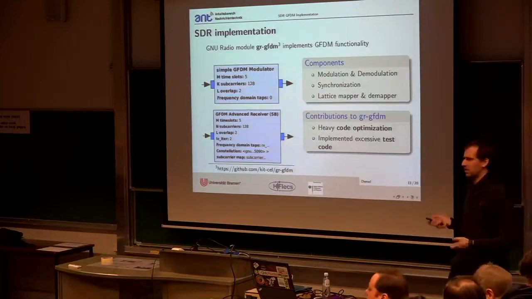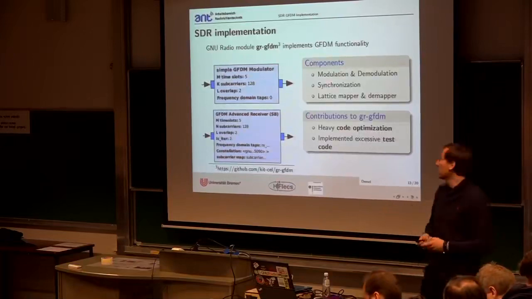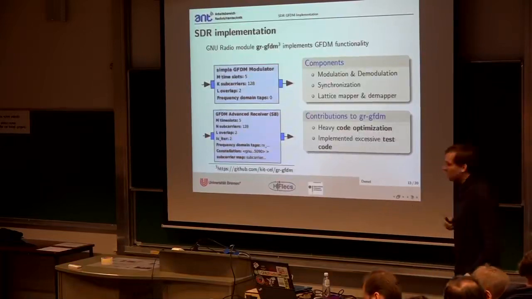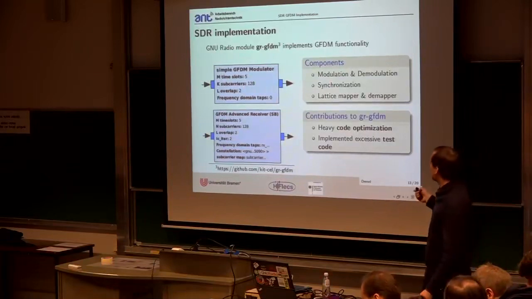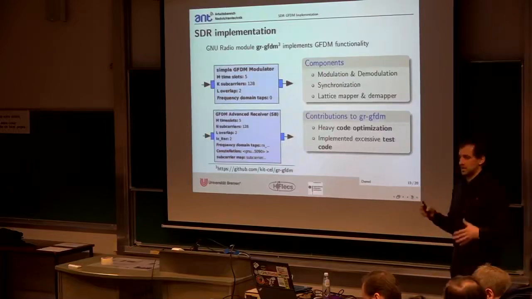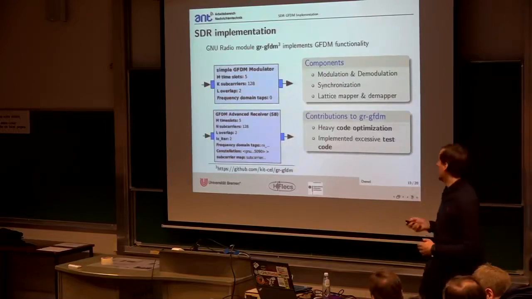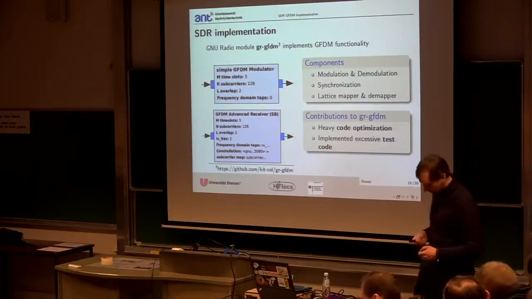I added quite a few tests so we could improve on code here. And now the system has a few components, so we can do modulation, we can do demodulation. We'll also have a synchronization part, and we can have this mapper and demapper.